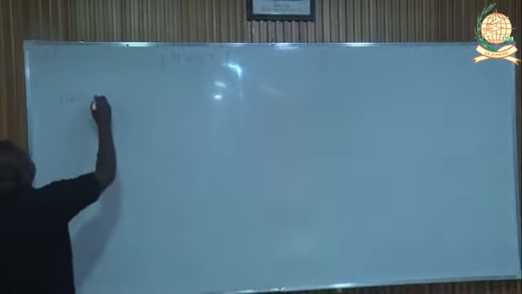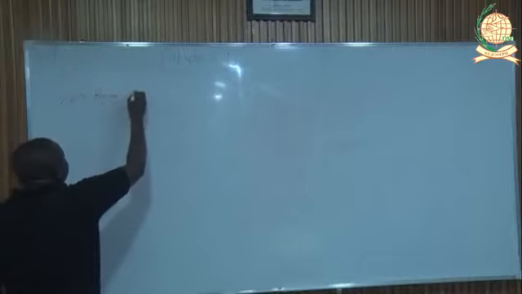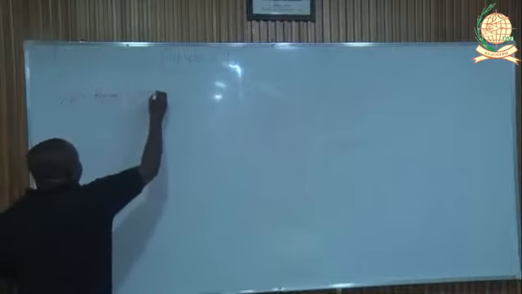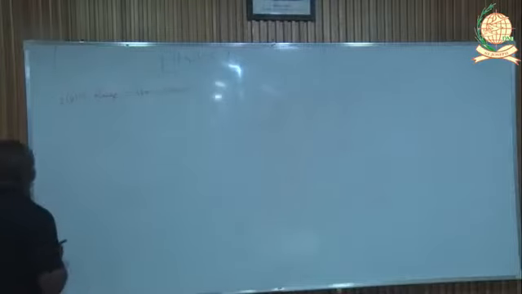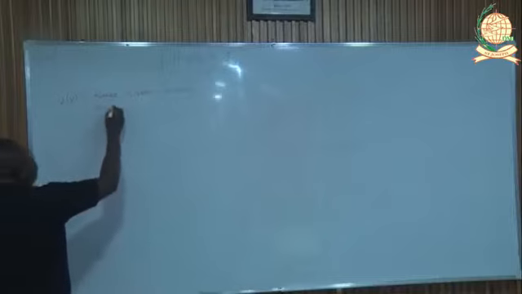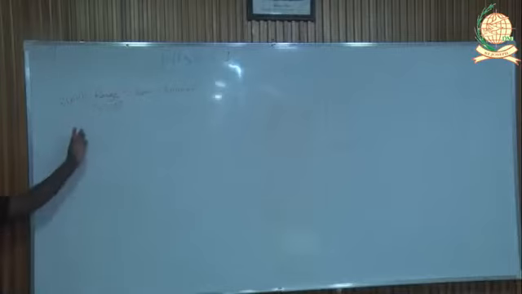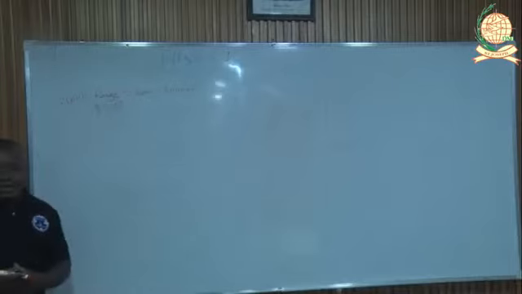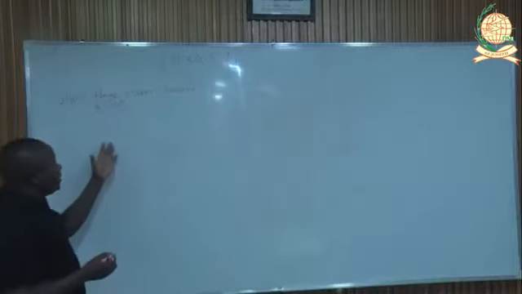Okay, we have been given the range equals 3 kilometers, equivalent to 3,000 meters, and angle of projection 30 degrees. Then we are asked if we adjust this angle of projection, either by increasing or decreasing, can one achieve a range of 5 kilometers?